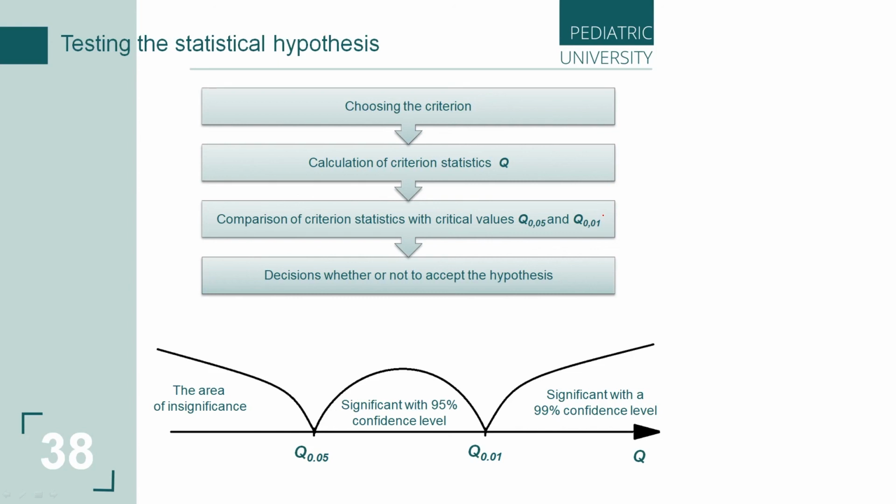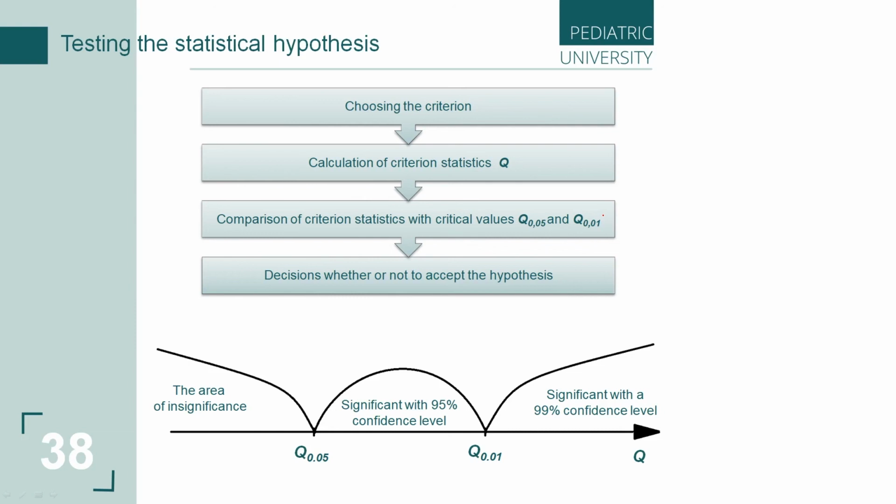Accordingly, the criterion will depend on the type of distribution, the type of sample, and the number of groups being compared, 2 groups or more than 2. If the criterion is chosen incorrectly, our results will have very low validity. That is, we will not be able to generalize them to our general population.